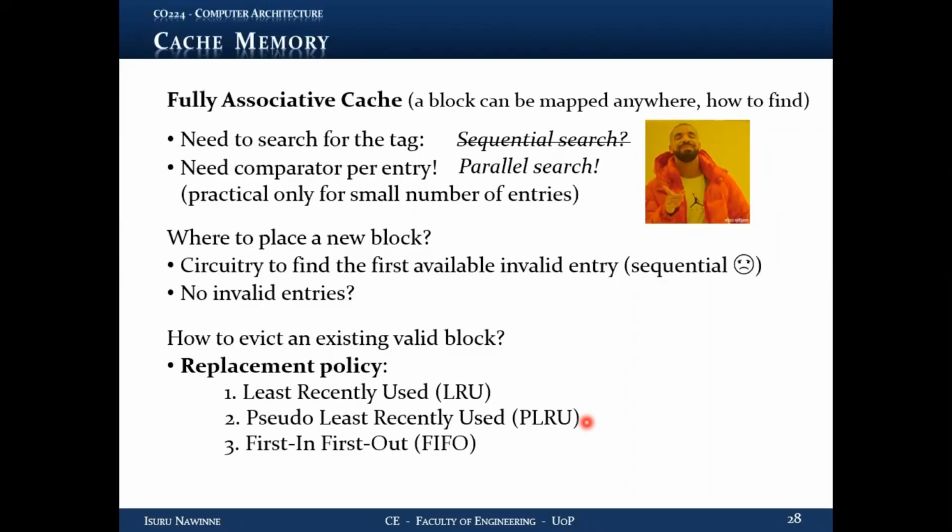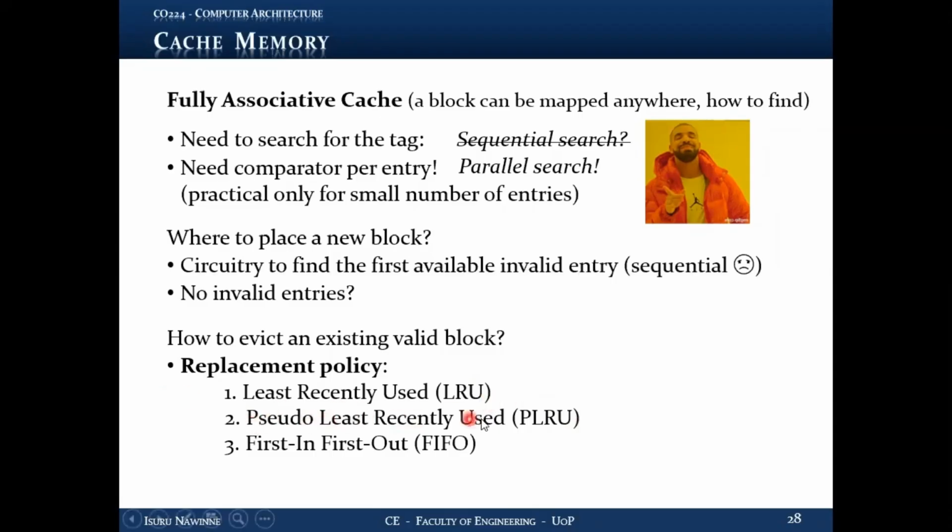That is, there is a chance that you might be throwing out something other than the least recently used block, but say 90% of the time or 99% of the time, you're likely to throw out the least recently used block. So some simplifications to the LRU policy can be done.